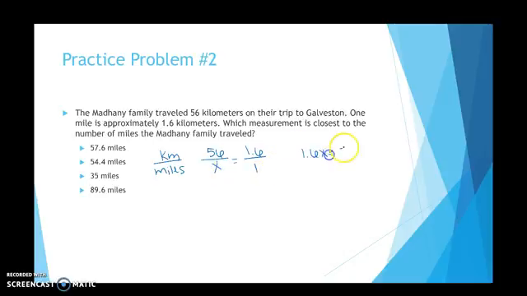1.6x equals 56. I want to isolate my x. I'm going to divide by 1.6. These cancel, so 56 divided by 1.6. I have to move my decimal, put it up top.